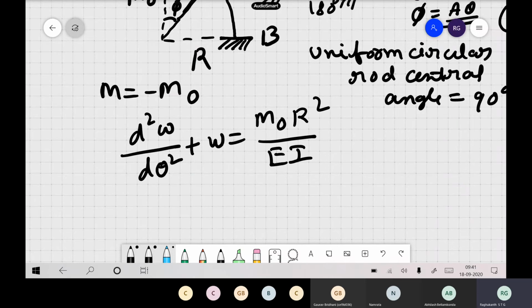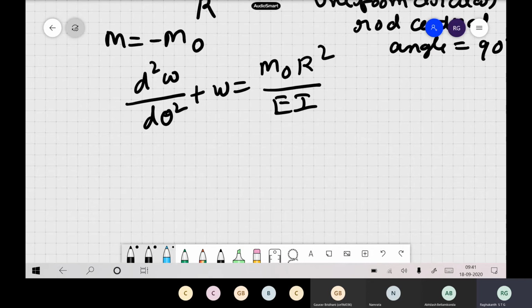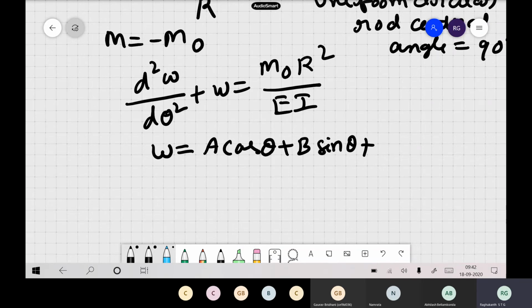Okay, so this is our equation. Now this is basically an inhomogeneous equation, so if you want to write the solution, you have a complementary part and a particular integral. So the solution can be written as A cos θ plus B sin θ, plus the particular integral.